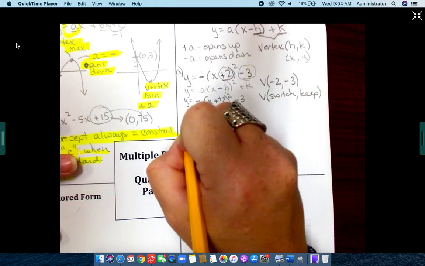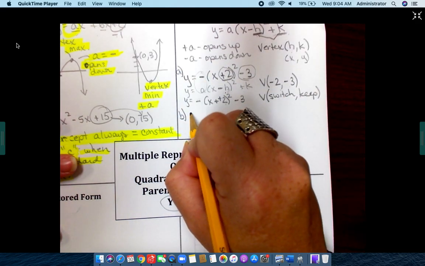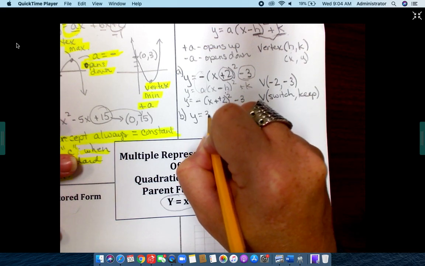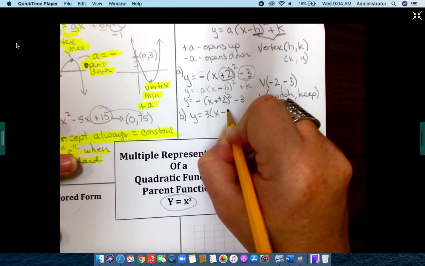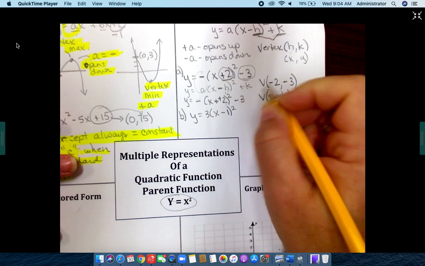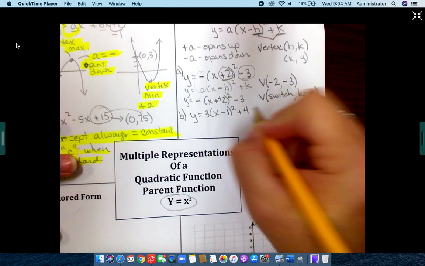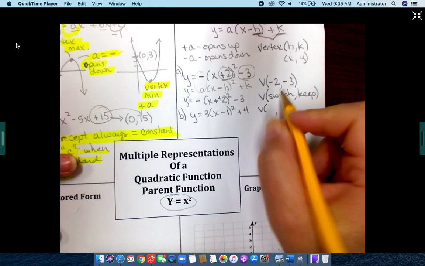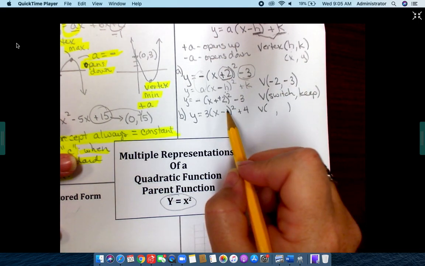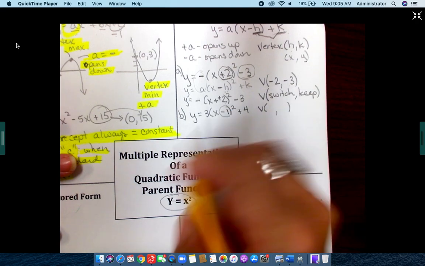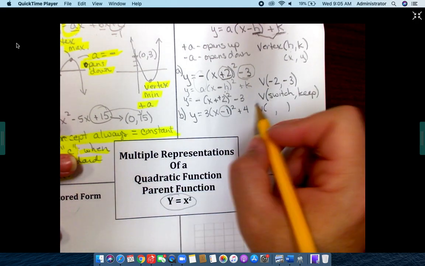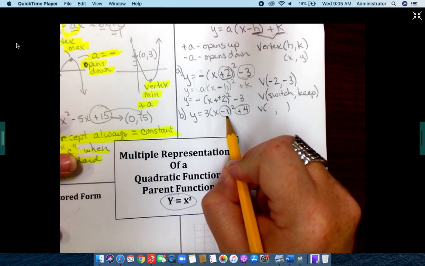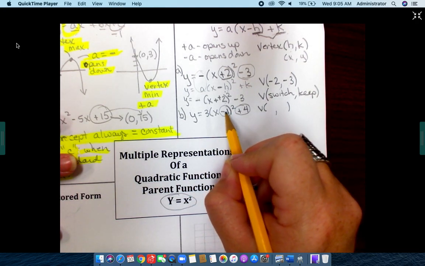So I'll call that example A. If I have the function y equals 3 times the quantity x minus 1 squared plus 4, then again, to identify my vertex, I'm simply going to switch, keep. As in, I'm going to switch the sign of what I see here and keep the sign that I see here. So if we switch this, it looks like a minus 1 or negative 1.